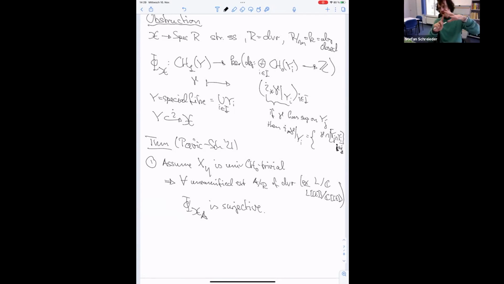And now what happens if you want to restrict the 1 cycle to a component that contains the 1 cycle, well, then it doesn't work that well. But then what you notice is that that component is rationally equivalent to the negative of all the other components. So you just intersect with all the other components. So it's something like minus gamma intersected with Y_k, where k is different from i, if i is j.